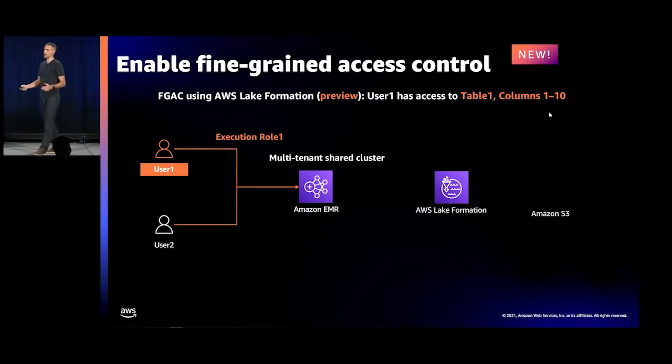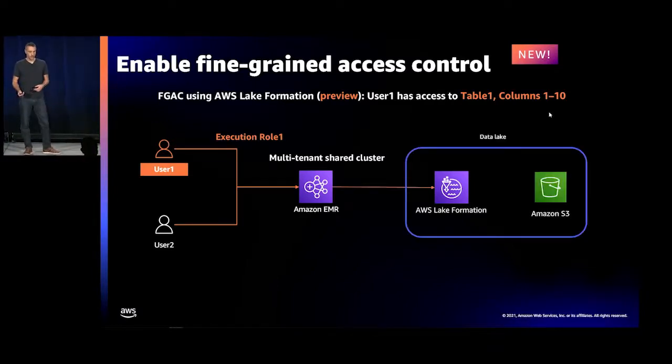So now if you mix the user execution role and Lake Formation fine-grained access control, your user 1 can pass a role 1 to this multi-tenant shared cluster. Lake Formation will apply corresponding permissions, for example, access to table 1 and all the columns from 1 to 10.